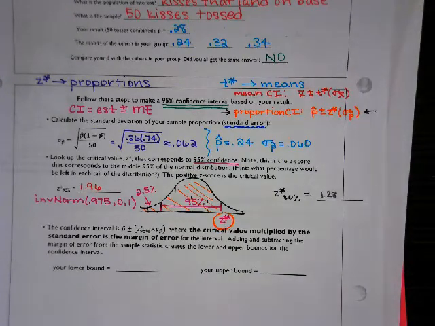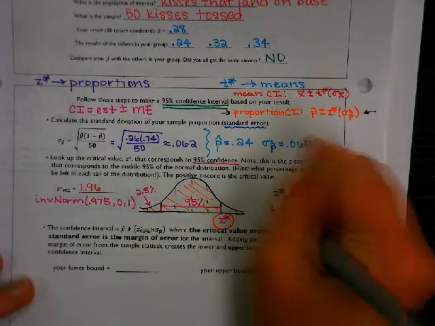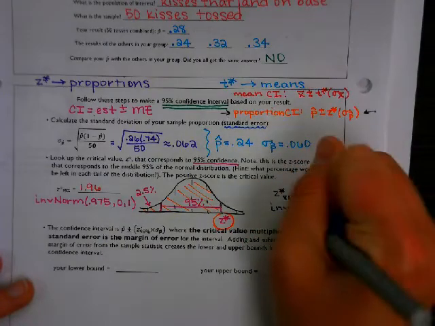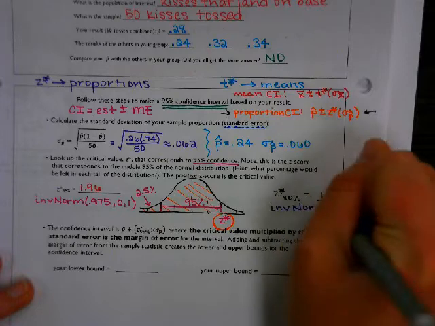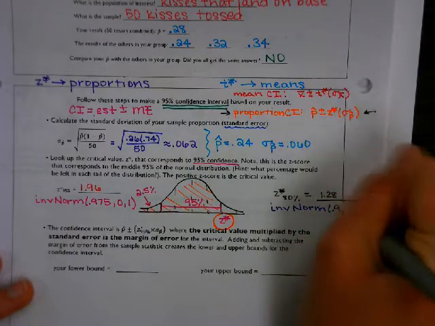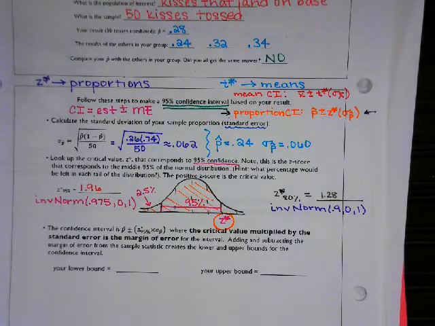So what she put in the calculator is inverse norm with an area of 0.9, mean of 0, standard deviation of 1. And for you, because you're using the one that asks about the tail, you'd say left. Didn't she just do 0.8 and then put center?